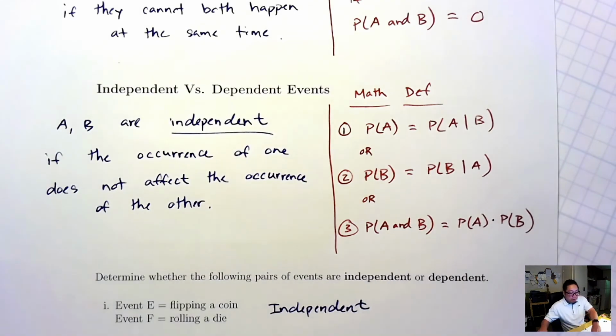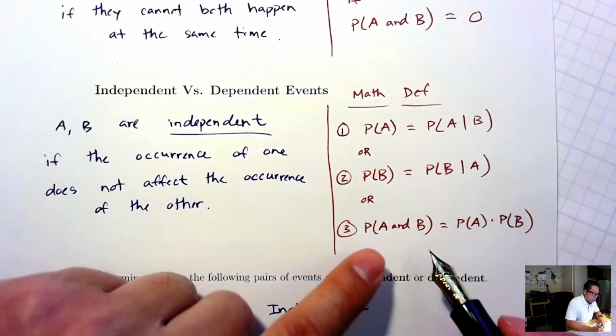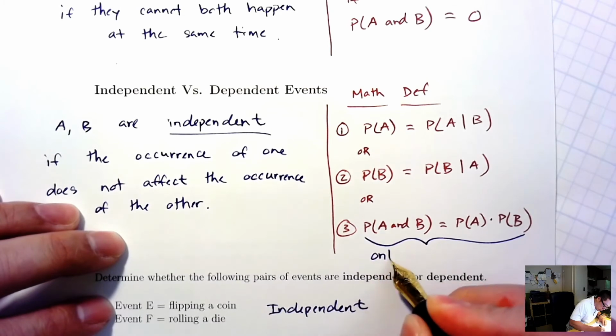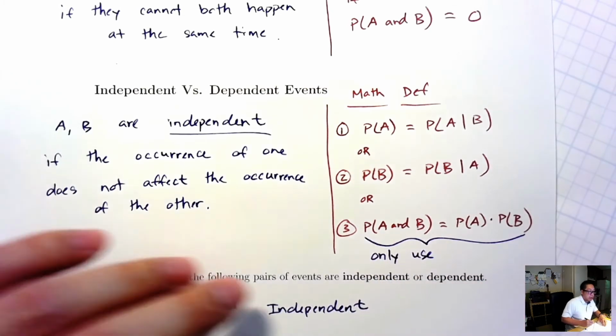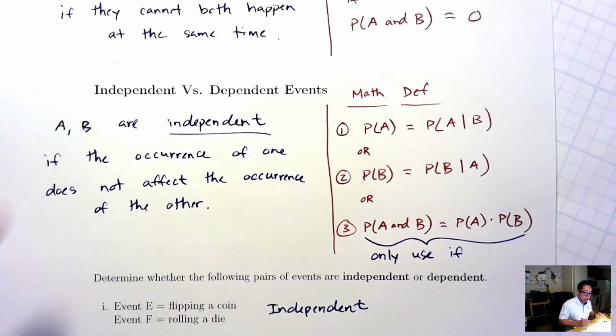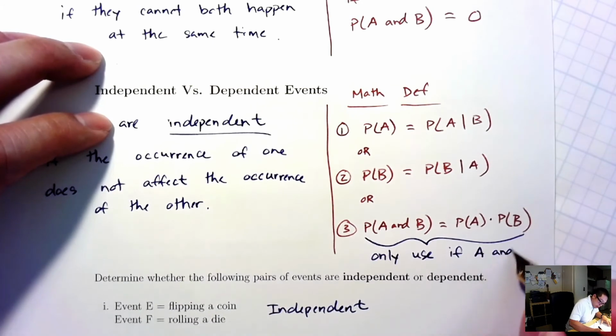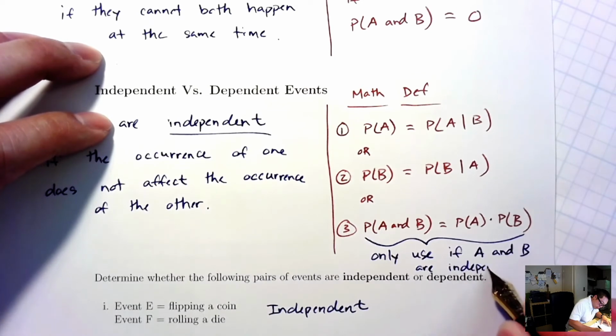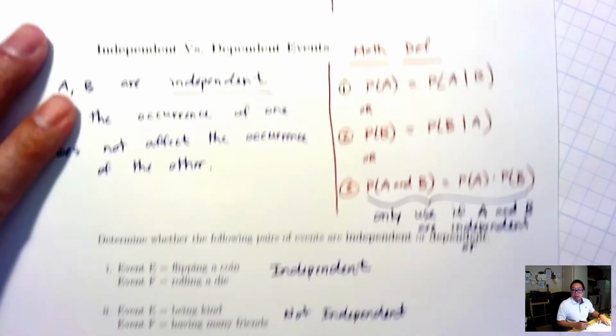Okay, so what I want to say here is I almost don't even want to write that last one, because this last one you should only use if you know that A and B are independent, or if you're checking independence.